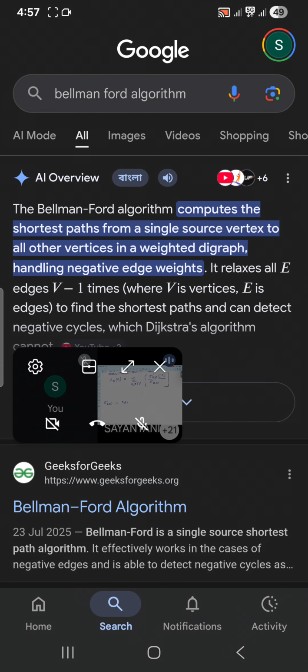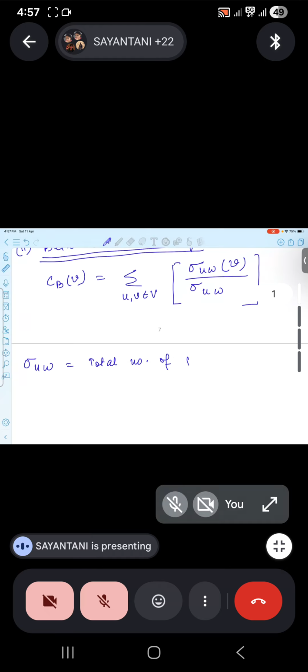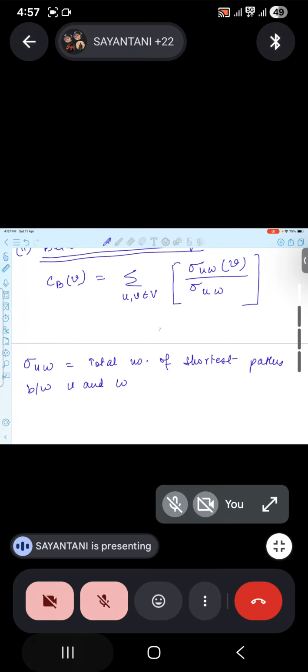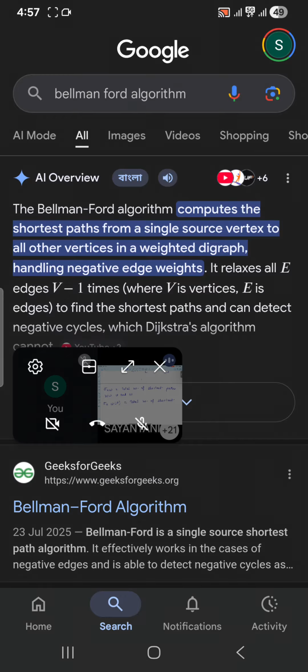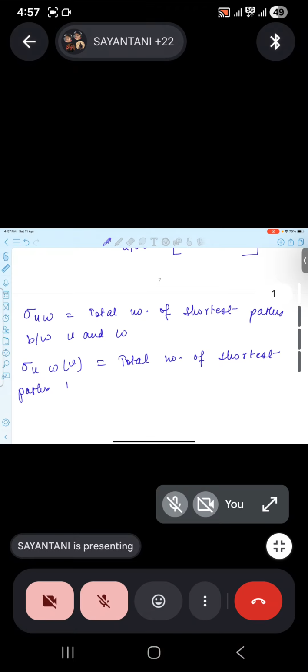This denotes the total number of shortest paths between any node u and w, and sigma uw of v means the total number of shortest paths between u and w that passes through V. This is the definition.